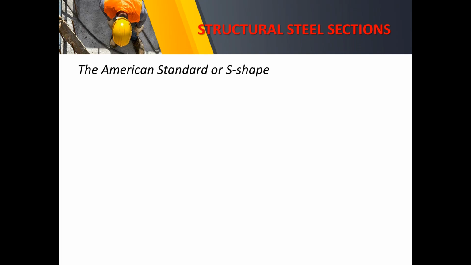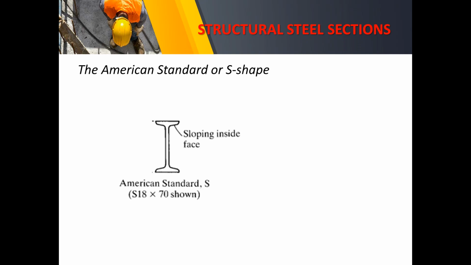Next here is we have the American Standard or S shape. So again, it is not literally S shape. Like the flange, it has a web and flange, okay, but the S shape has a sloping inside face as observed here, and a shorter flange thickness or outer stem thickness.